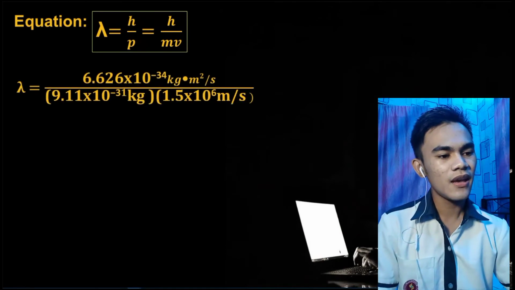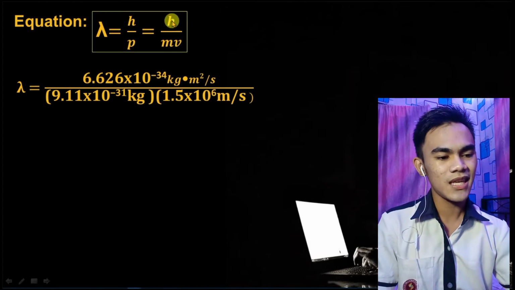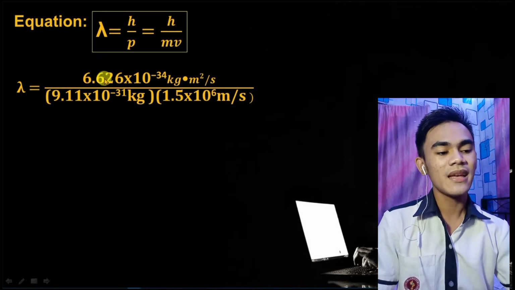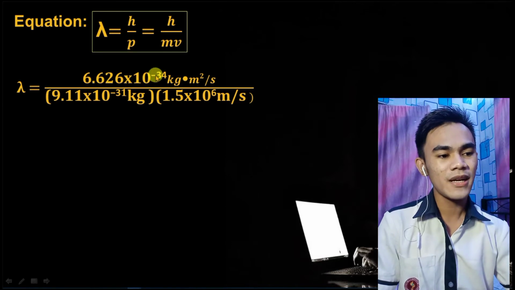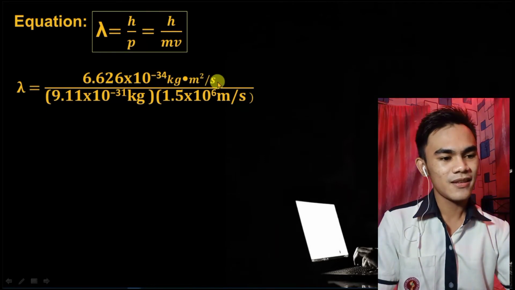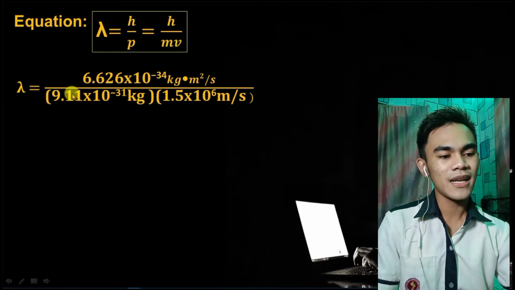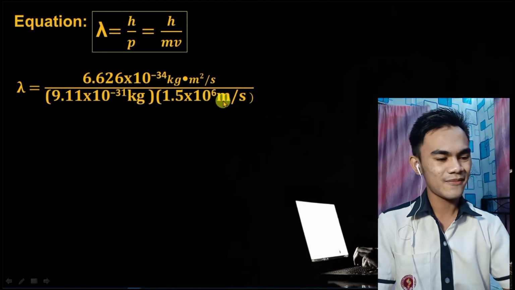We have h, the Planck's constant, equal to 6.626 times 10 raised to the power of negative 34 kilogram meter squared per second. The mass of an electron is 9.11 times 10 raised to the power of negative 31 kilograms, and the velocity is 1.5 times 10 raised to the power of positive 6 meters per second.